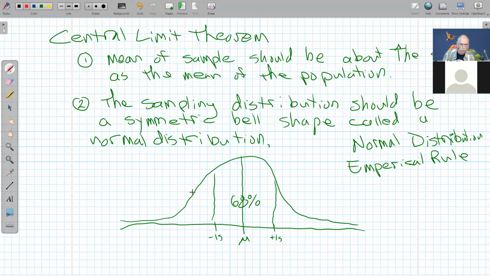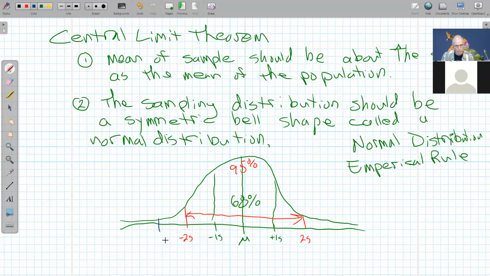If we look two standard deviations on each side, does anybody remember that one? It's 95%. Yeah, so that one's the 95%. So I'd expect to find about 95%. And the empirical rule goes on to state 3 standard deviations.